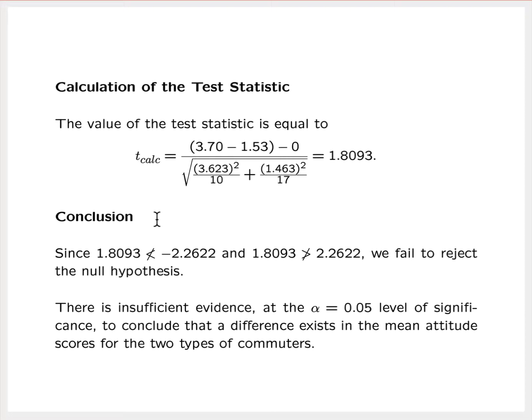And so our conclusion, since the rejection criteria have not been met, in other words, because 1.8093 is not less than negative 2.2622 and 1.8093 is not greater than positive 2.2622, we fail to reject the null hypothesis. And so there is insufficient evidence at the 0.05 level of significance to conclude that a difference exists in the mean attitude scores for the two types of commuters.